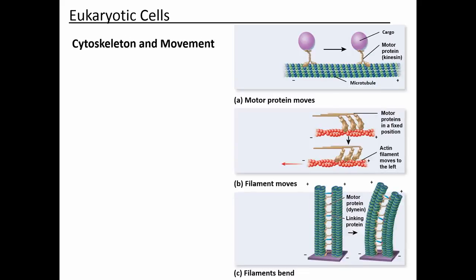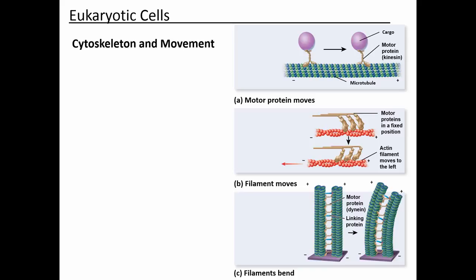Okay, cell movement or cell motility is generally going to require the interaction between a cytoskeletal filament and something inside the cell called a motor protein. There are different ways, and we'll talk about them in a second, that motor proteins can interact with cytoskeletal filaments to produce movement.